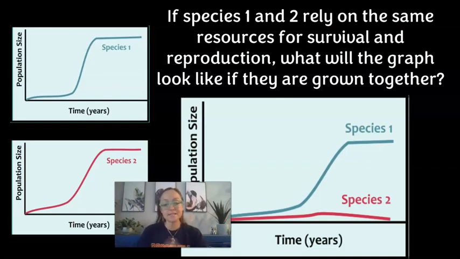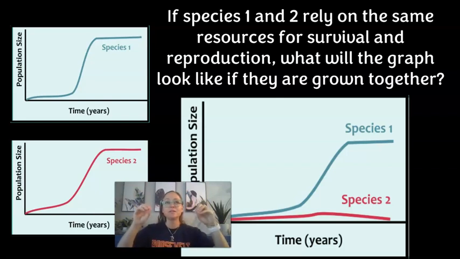No two species can occupy the exact same ecological niche at the exact same time. It is not sustainable or possible for two different species to hunt for food at the same time, to use the same shelter at the same time, to compete for water at the same time and in the same way.